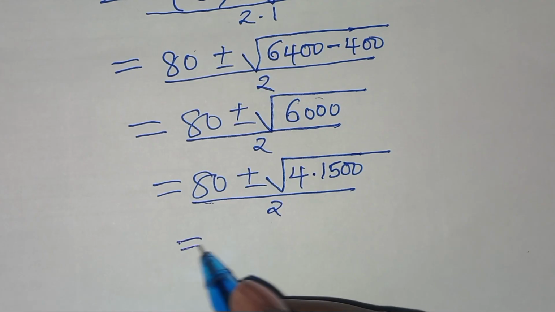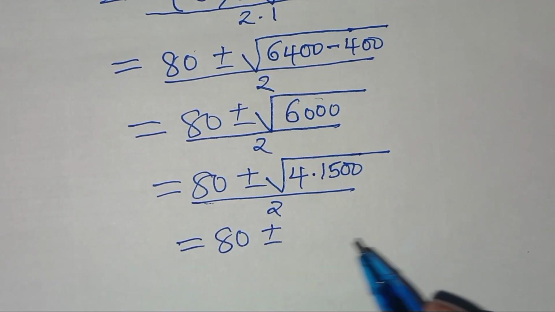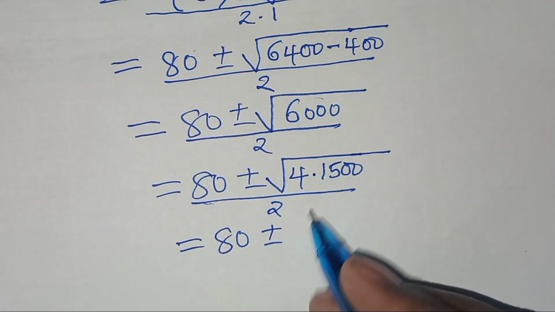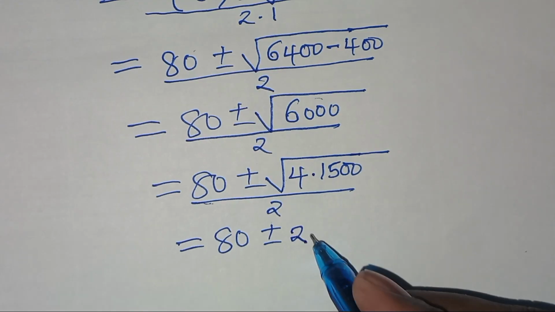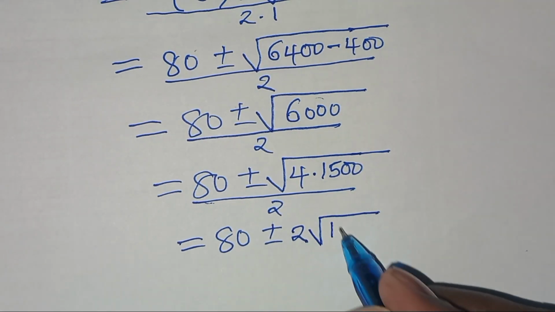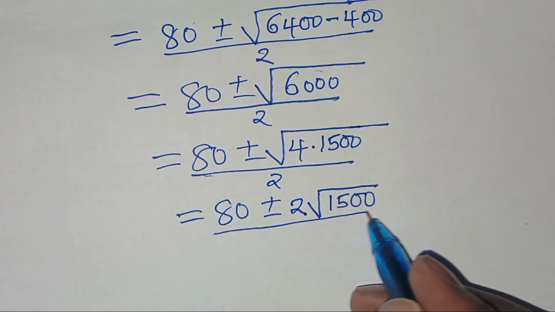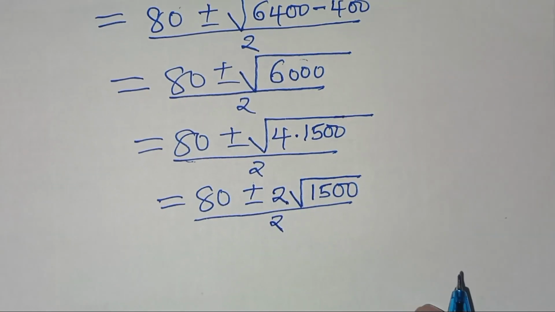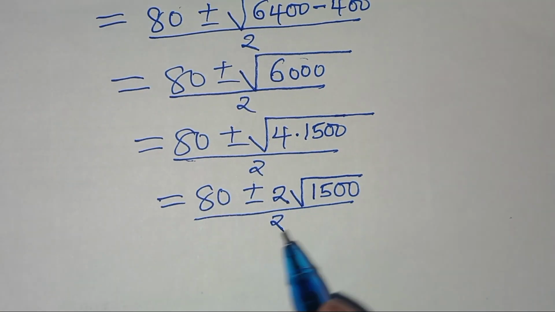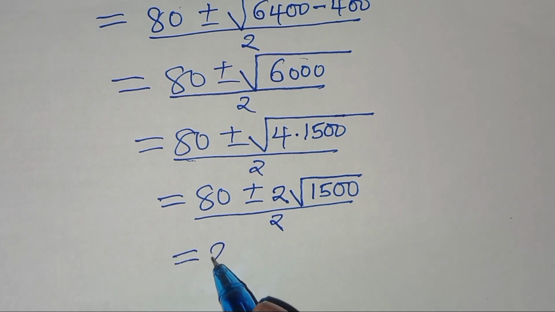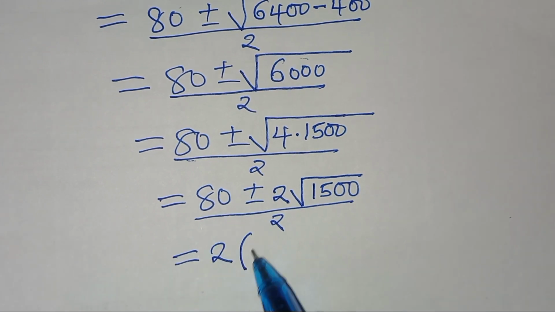Now from here we have 80 plus or minus the square root of 4, this is the same thing as 2, and then square root of 1500 divided by 2. So since 2 is common here, we can factor out 2, so that we'll have 2 into the bracket. Here we have 40.